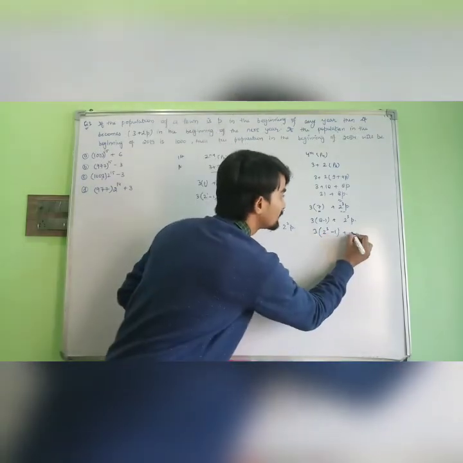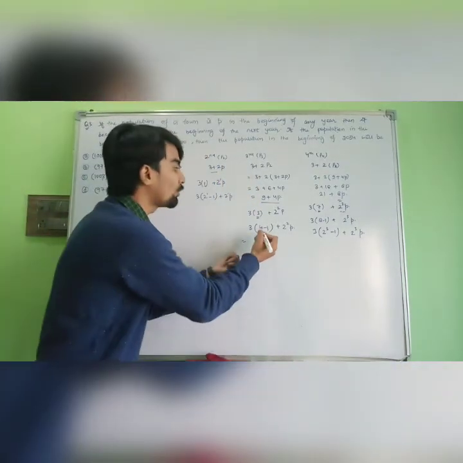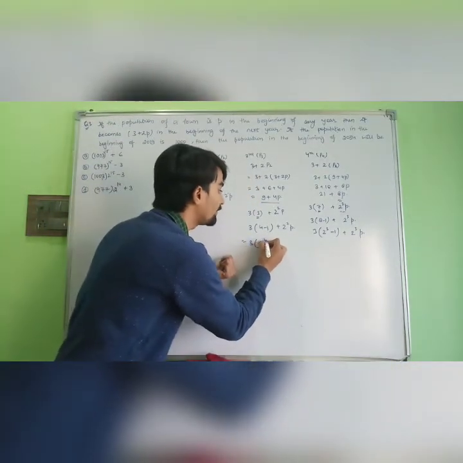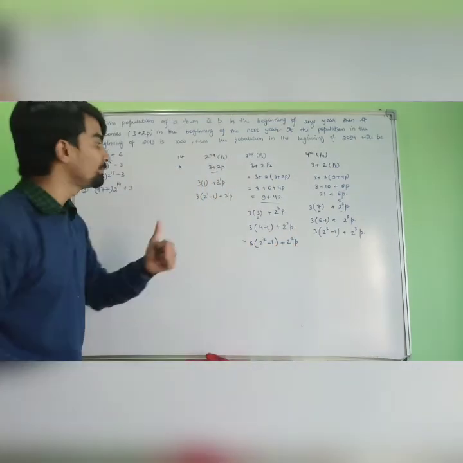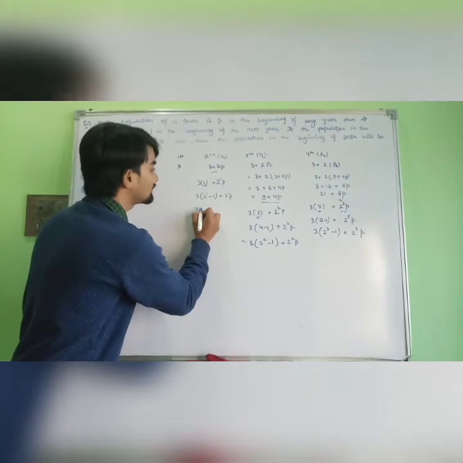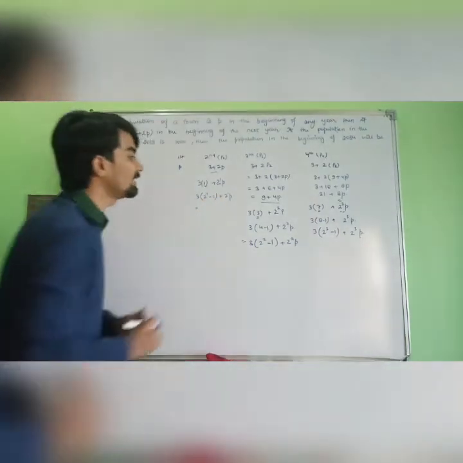In the same way, what is 4? 4 is 2 to the power 2 minus 1 plus 2 to the power 2 into P. Similarly, we can write 2 to the power 1 minus 1.